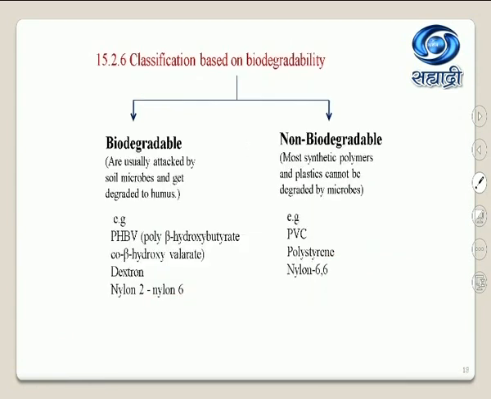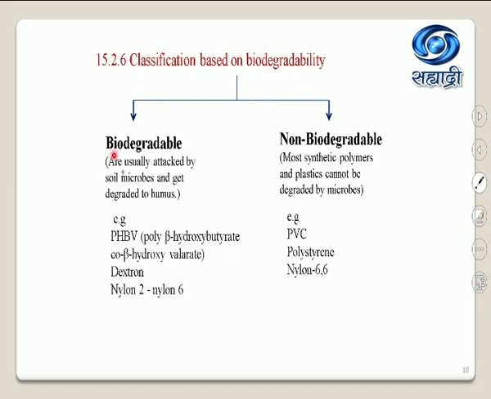Then classification which is based on biodegradability. So here, on the basis of the property of biodegradability or non-biodegradability, polymers are further classified as biodegradable polymer and non-biodegradable polymer.